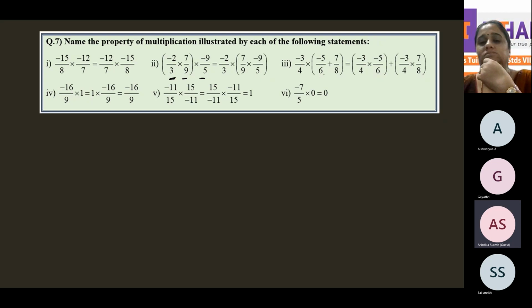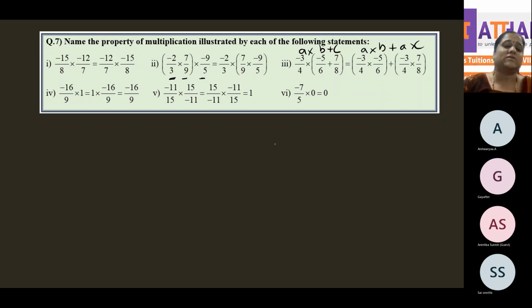Distributive property of multiplication over addition, because A into (B plus C) is equal to A into B plus A into C. Very good.